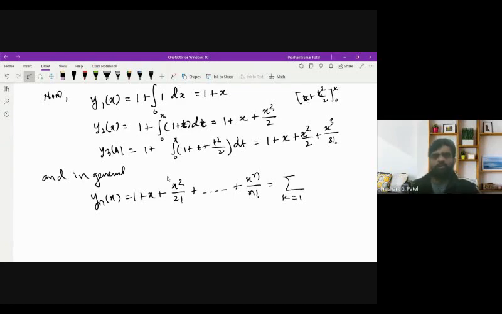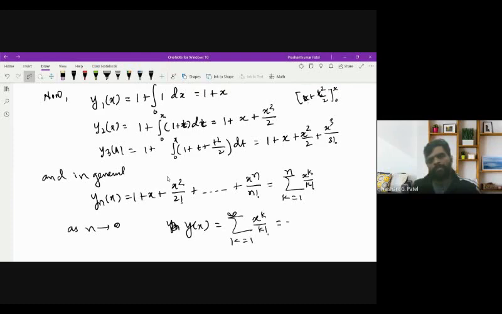So k running from 1 to n, x power k upon k factorial. If I take n tending to infinity, then we know that this is exactly the power series of e power x. So as n tends to infinity, the y of x, that is the solution of the equation, will be the sum of x power k upon k factorial.